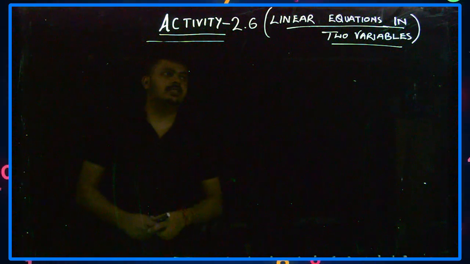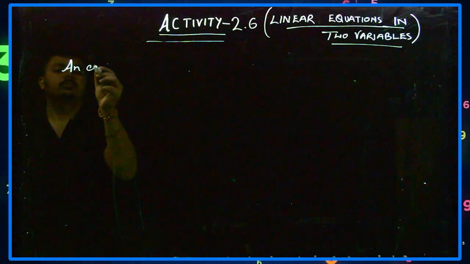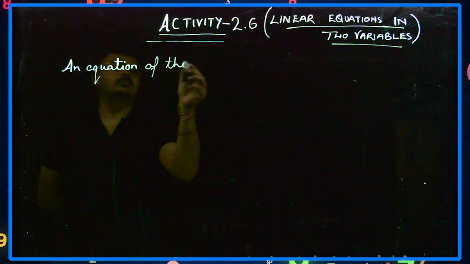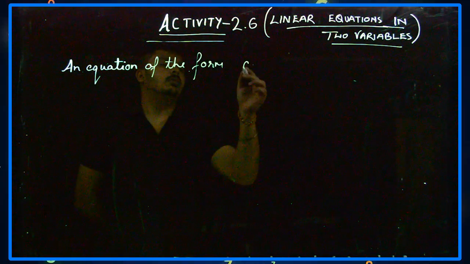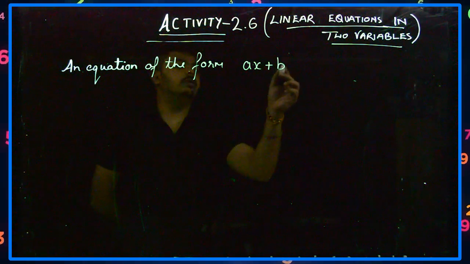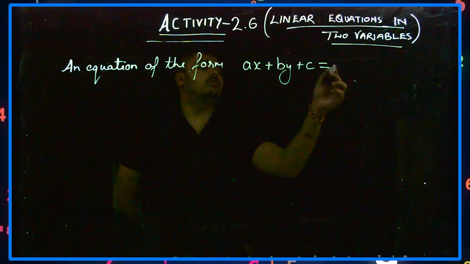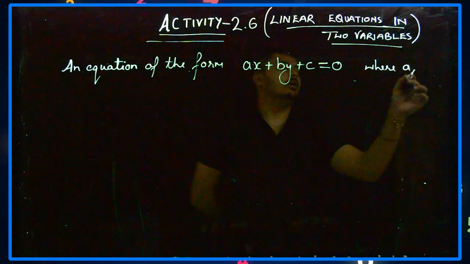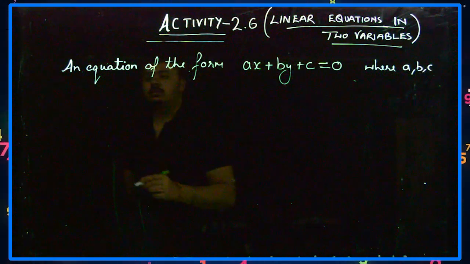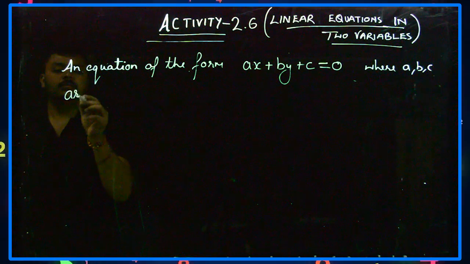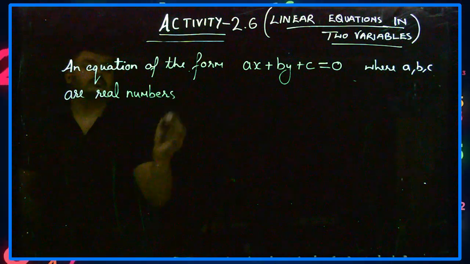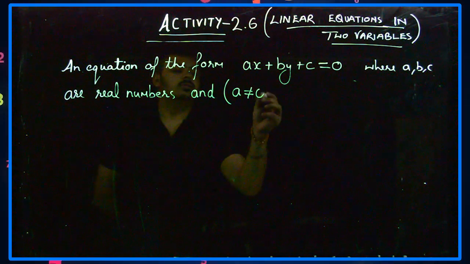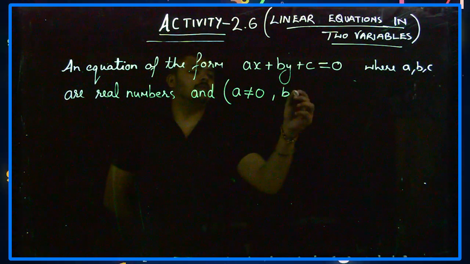So first of all, let's know about linear equation. ax plus by plus c equals to 0, where a, b, c are real numbers and a is not equal to 0 and b is not equal to 0.